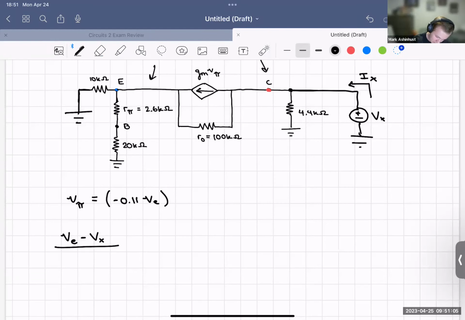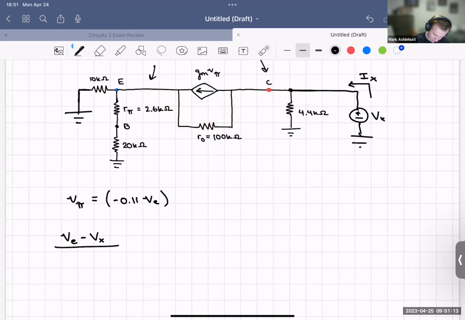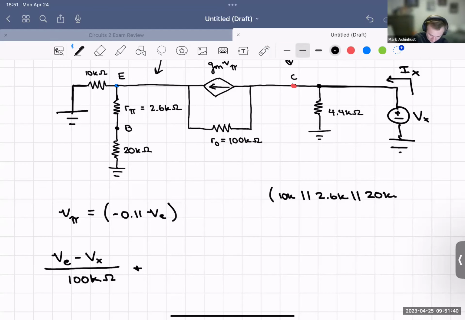So that is looking at VE, 100K to Vx, which is right here. So VE minus Vx over 100 kilo ohms. And then we have plus, looking at this, we have three resistors here: the 10K, E to B to the 20K, all three of which are going to be in parallel. So we're going to have that 10K parallel with the 2.6K and parallel with the 20K, and that'll be our denominator there.